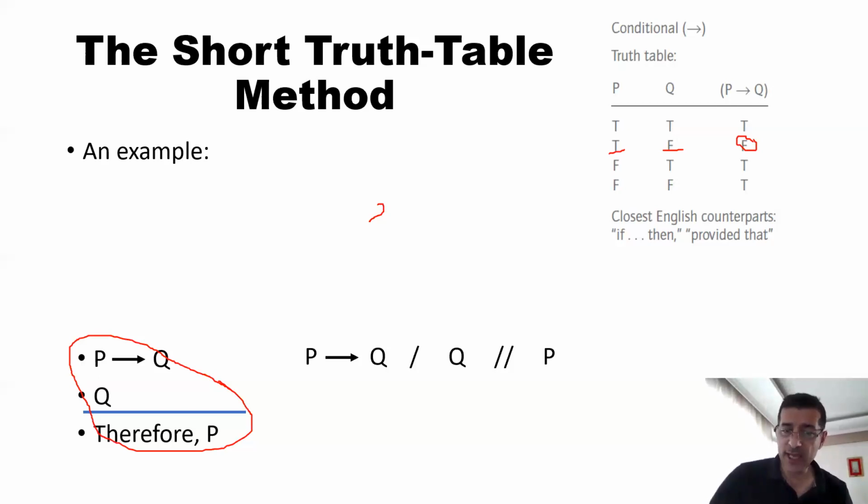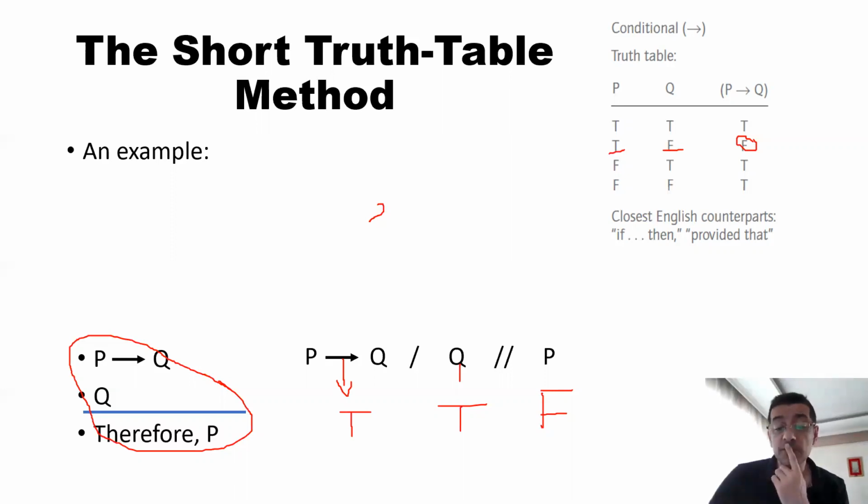So if this is the case, now I'm just going to use reverse engineering. I mean, this is what we do in the short truth table method. So we say that it's impossible for P to be false given that this premise is true and this one is true too. Okay?